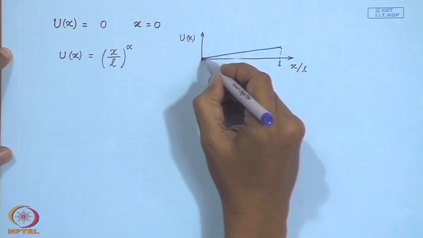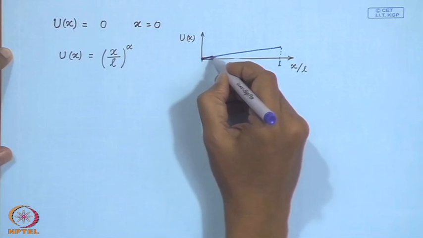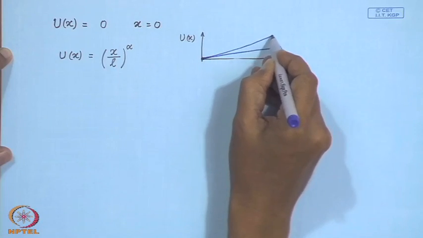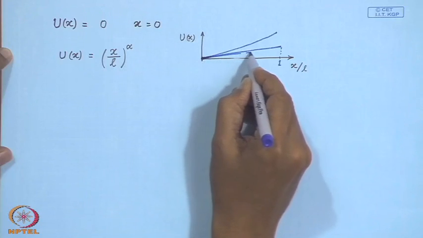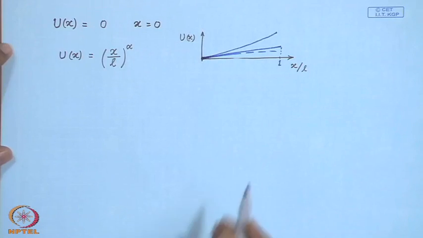For other powers, it can go like this or it can go like this.